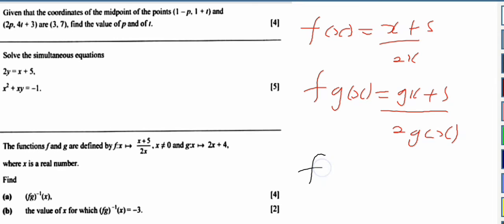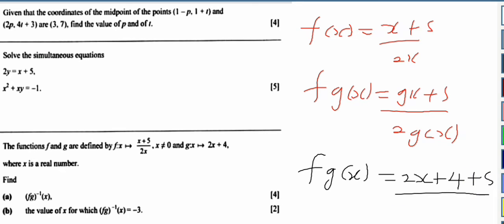So here I have fg of x being equal to: where I'm having g function, which is given by 2x plus 4, plus 5, divided by 2 times the g function again, which is given by 2x plus 4.